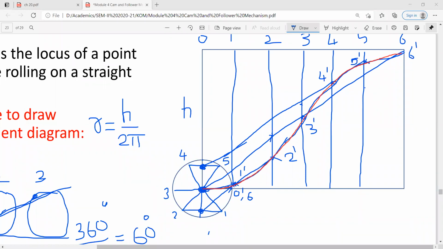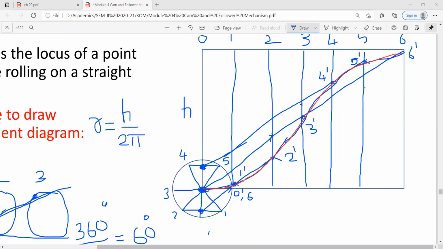The procedure is developed so that the resulting curve which you draw will present the cycloidal motion. The distances will be proportional to cycloidal motion distances between 2 points.